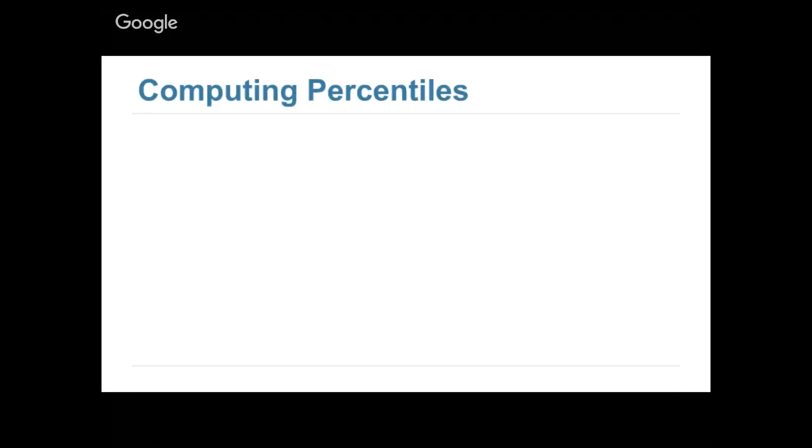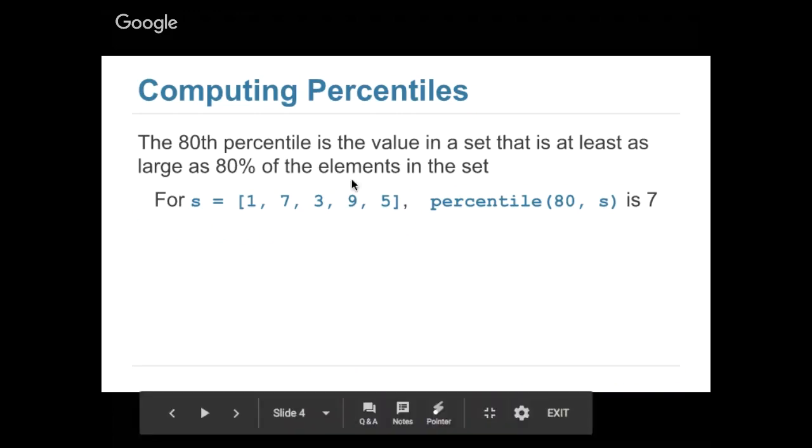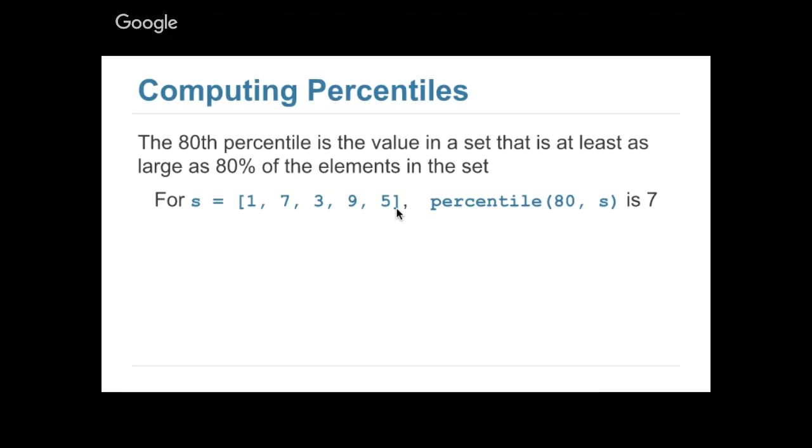Our definition for percentiles in this class is: if we're looking for the 80th percentile in a set of numbers, we're looking for the number that is at least as large as 80% of the elements in the set. If we have this list of 5 numbers, 1, 7, 3, 9, 5, the 80th percentile is 7, because 7 is at least as large as 4 out of 5 elements in my set.